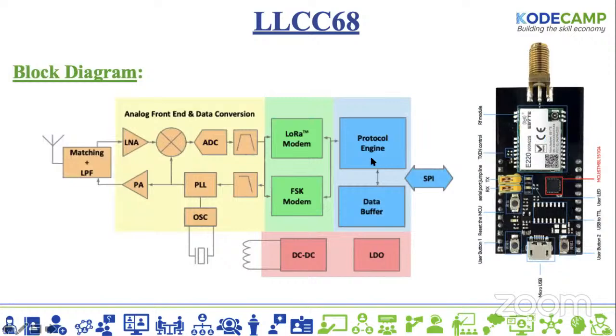This is the module itself, and then it has a protocol engine, which receives from the LoRa modem, or from FSK if you're using frequency shift key. Then it has an oscillator which gives timing to it, and then it sends to your antenna.